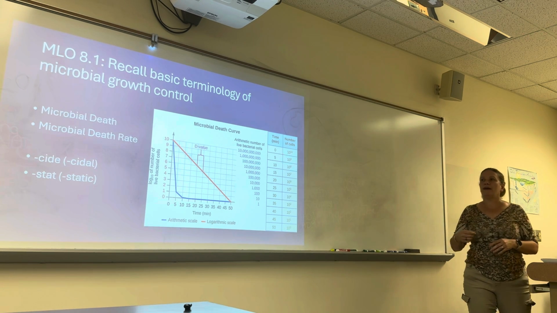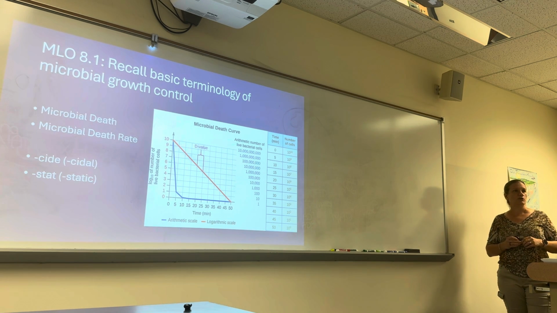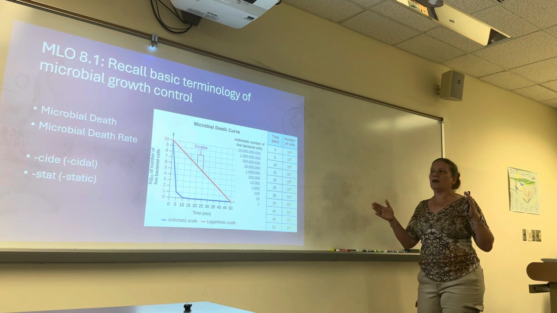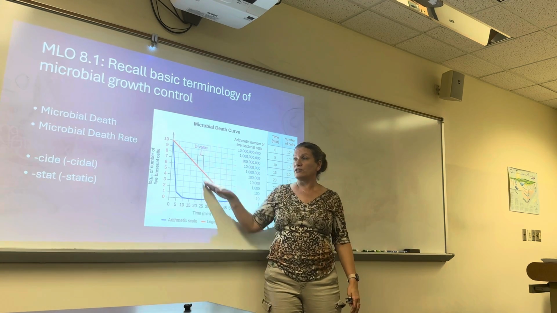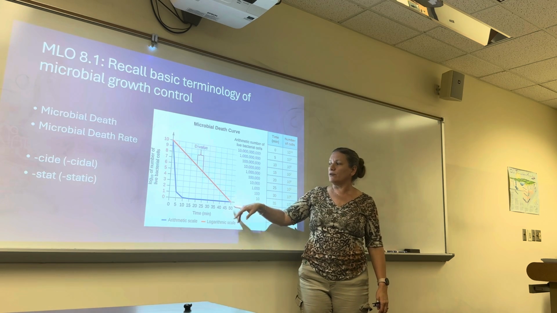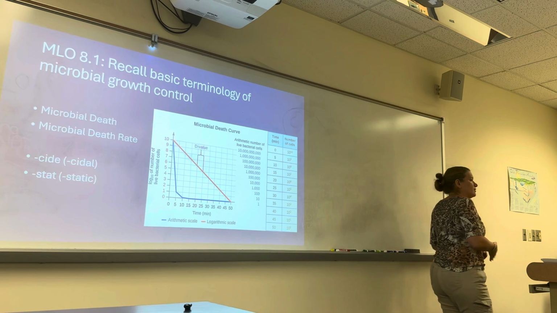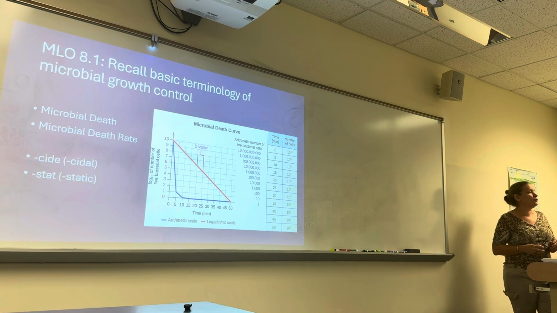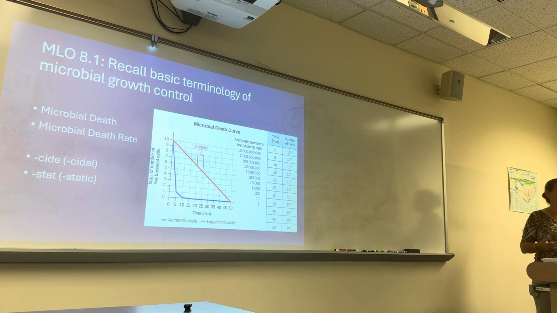That indicates death is happening to this population. With this constant decline rate, on the log scale, how long is it going to take before that culture crashes and is completely dead? They use this microbial death rate to look at the efficiency of a particular antimicrobial agent.